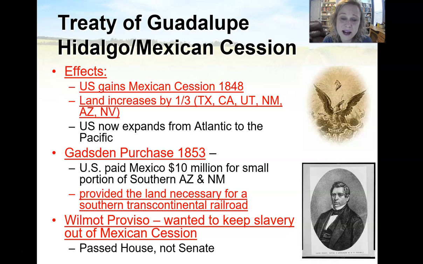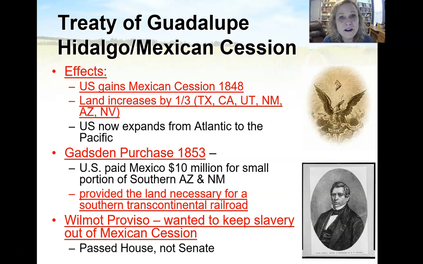Another very important thing that happens, though, is the Wilmot Proviso, and we're going to start next week by talking about it. But essentially, remember, Mexico had outlawed slavery at this point. At the beginning of the Mexican-American War, Senator David Wilmot proposed that slavery should not exist in any territory that we get from Mexico, partially because that would be bringing slavery to a place that didn't have slavery, but also because it would upset the balance.